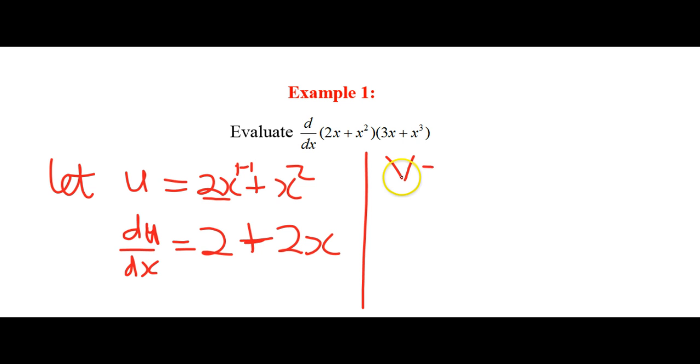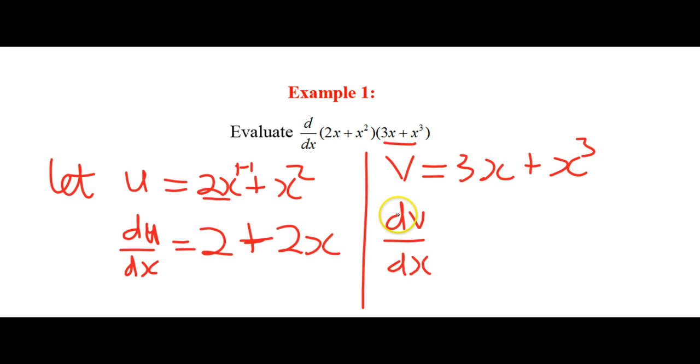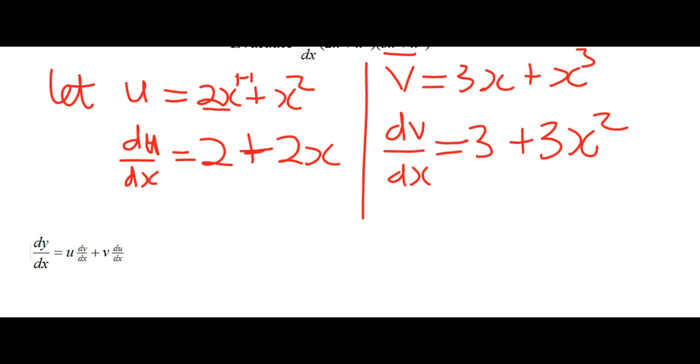Then we let also v be equal to the second function, 3x plus x cubed. Then we differentiate v with respect to x. So we say dv/dx, and that also gives us 3 plus 3x squared based on our power rule. Now for the formula for product rule, that is dy/dx is u dv/dx plus v du/dx.